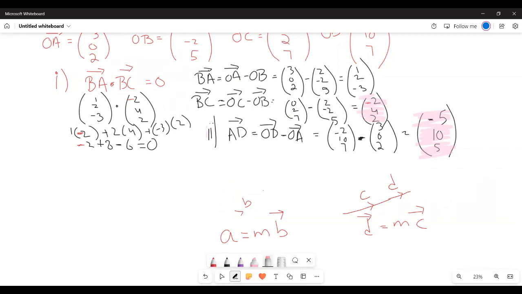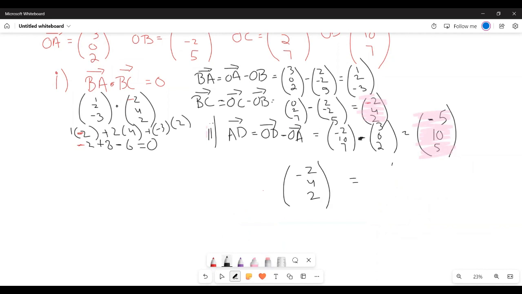Now let's see. Is there a numerical value that we multiply with BC? BC is -2, 4, 2. What value should we multiply it by to get -5, 10, 5? Let's see. I need to make -2 into -5. So can I multiply it with 5/2? If I multiply -2 with 5/2, I will get -5.